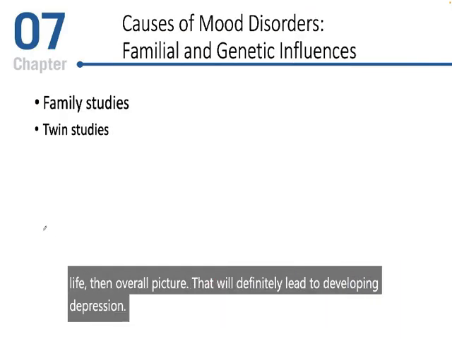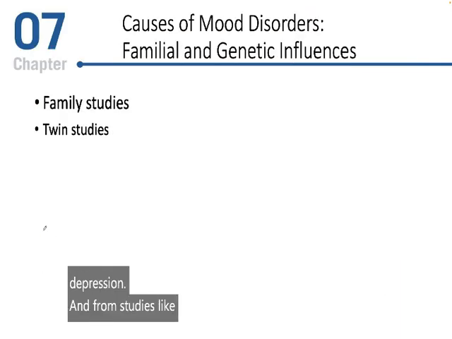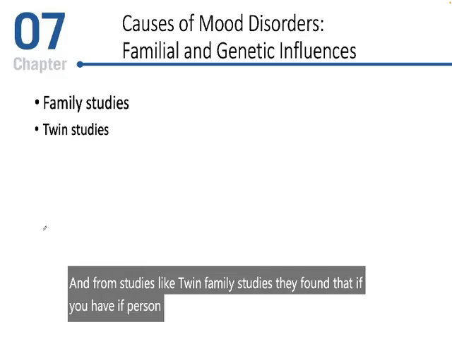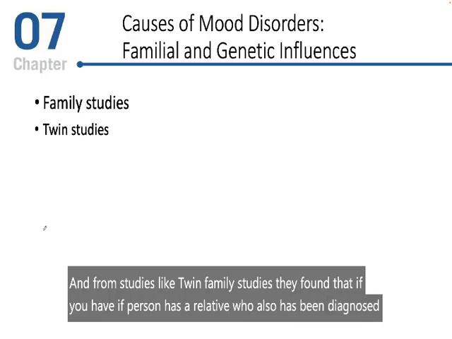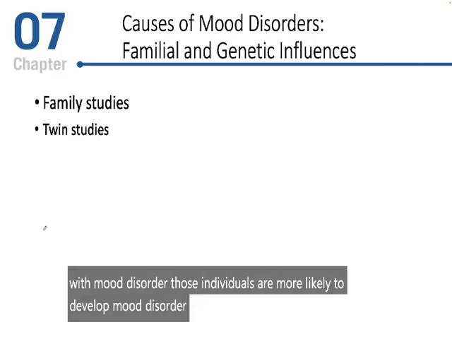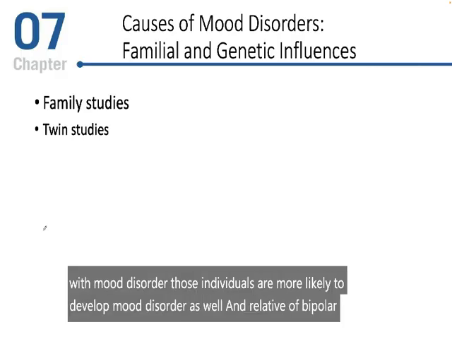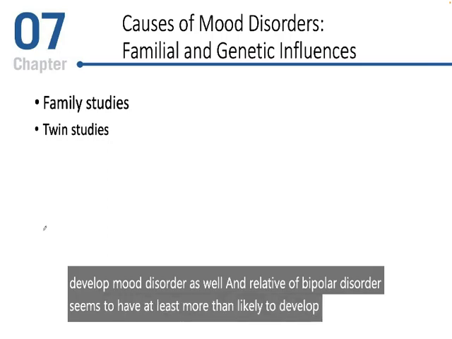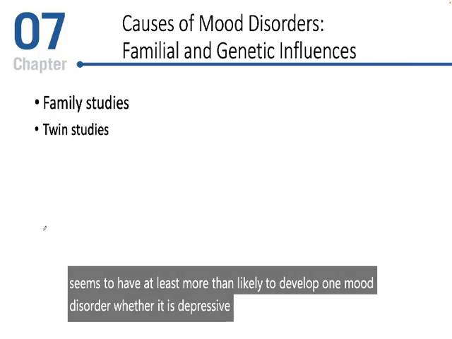And from studies like twin and family studies, they found that if a person has a relative who also has been diagnosed with a mood disorder, those individuals are more likely to develop a mood disorder as well. And relatives of people with bipolar disorder seem to be more likely to develop one mood disorder, whether it is depressive disorder or bipolar disorder.